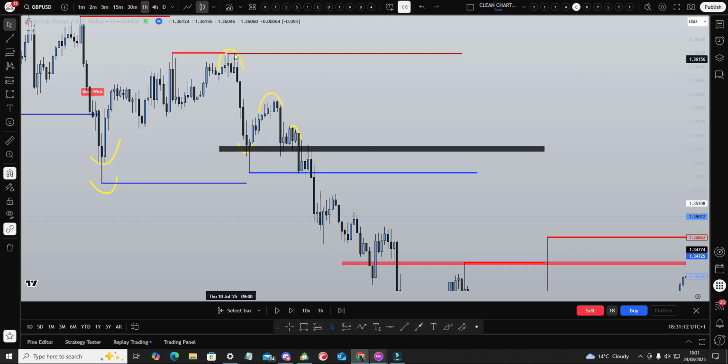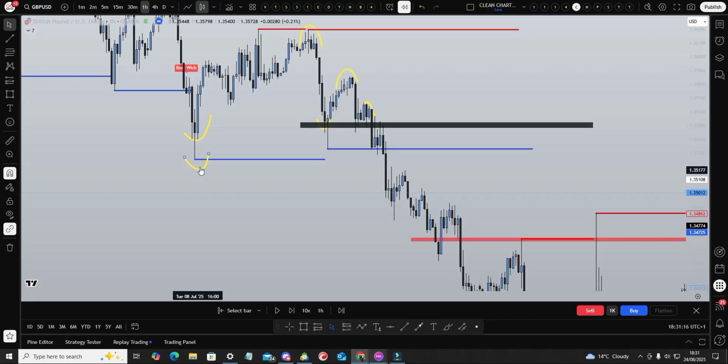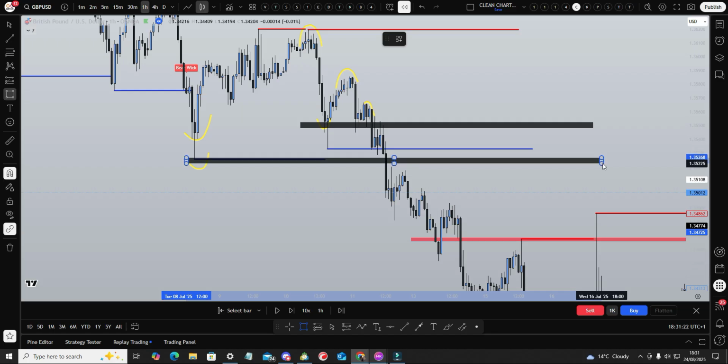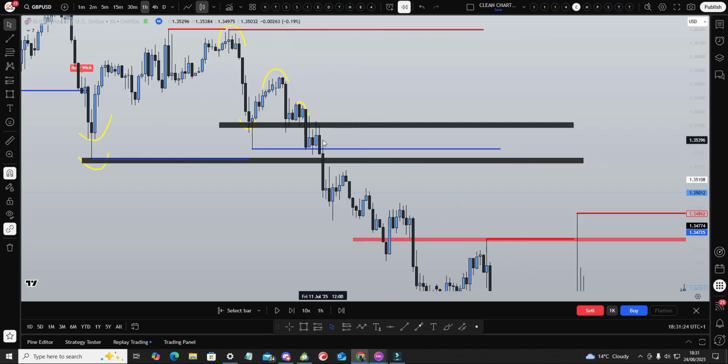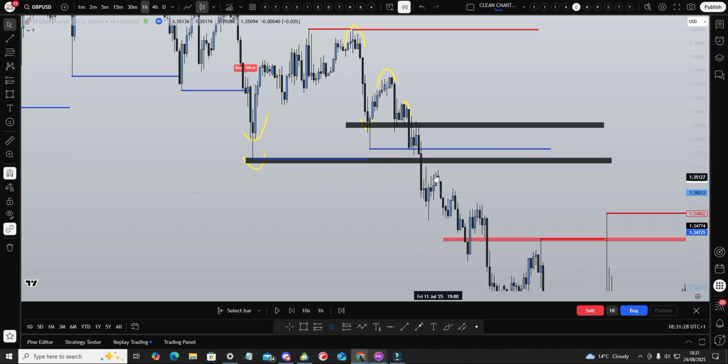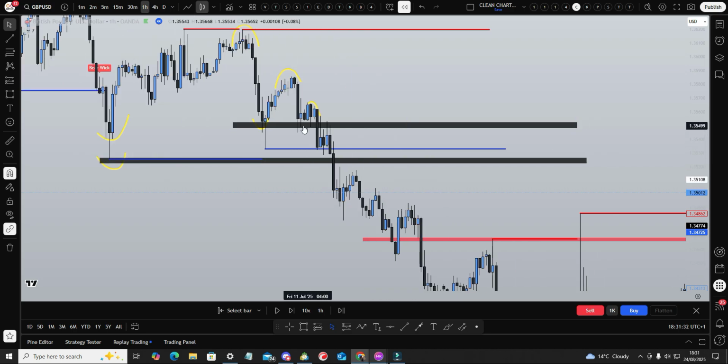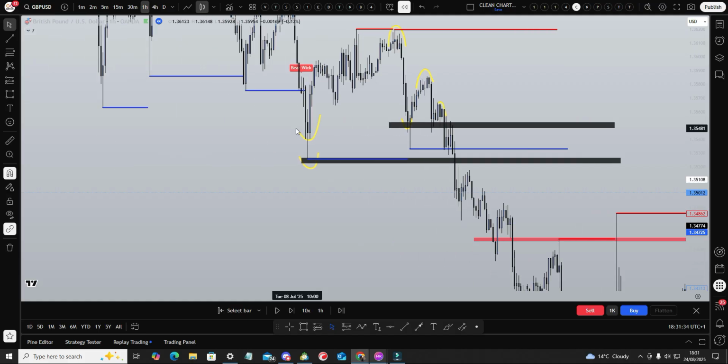Look at the way I'm marking my zones as well. This one over here is a low, but if I was to drag this across, it breaks through. Then where do you really even enter from? You can see how clean this one is.